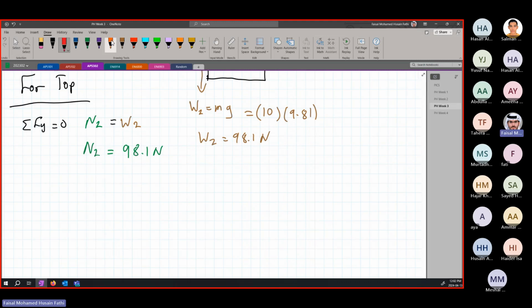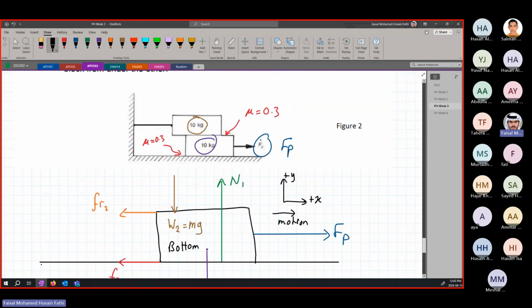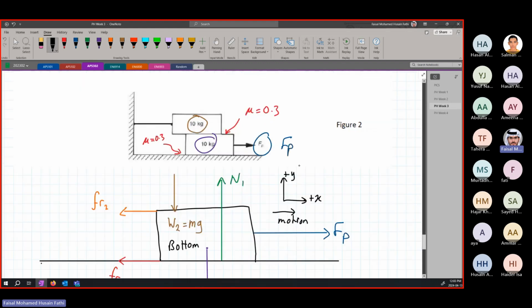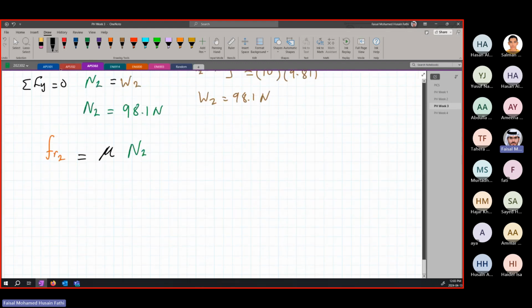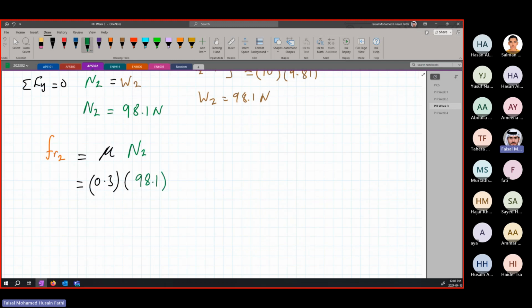We know that friction, FR2, is equal to mu times N2. Since mu is the same everywhere, we know that mu is equal to 0.3 everywhere. So it is equal to 0.3 times N2, which we found earlier is 98.1 newtons.